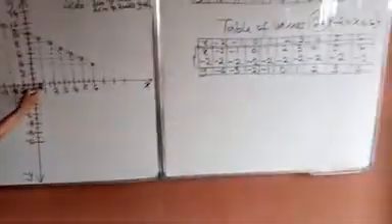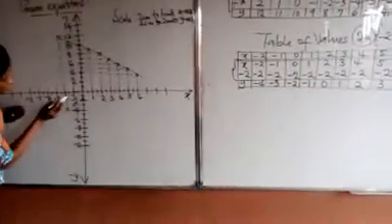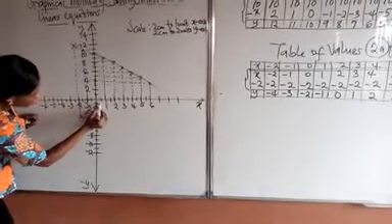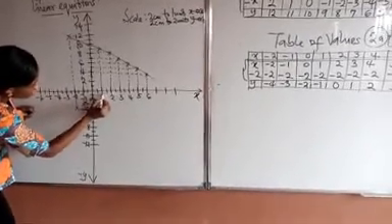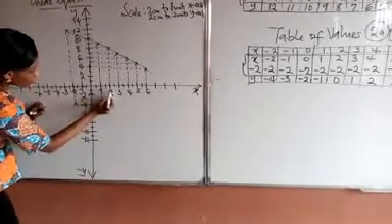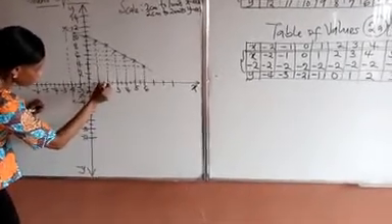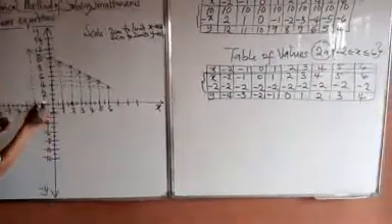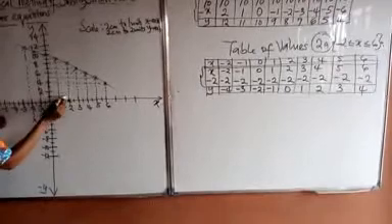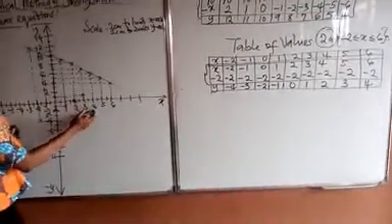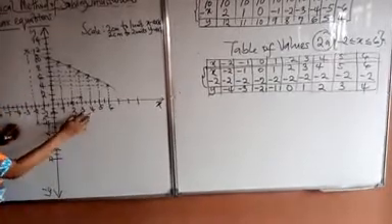When x is 1, y is minus 1. Minus 1 is between the 0 line and minus 2. So I have minus 1 at this point. When x is 2, y is 0, so it's on the line. When x is 3, y is 1. When x is 4, y is 2.